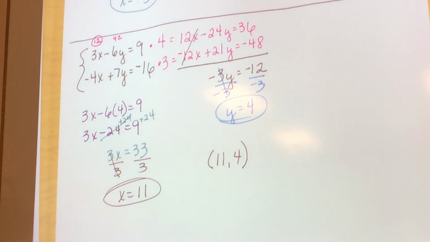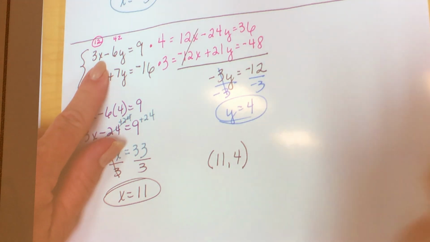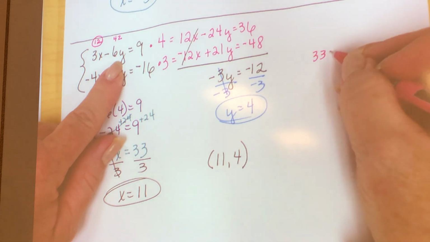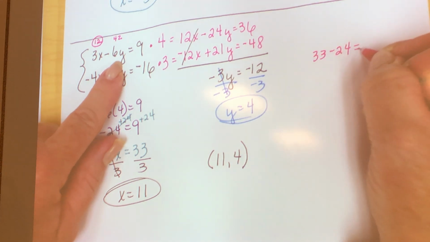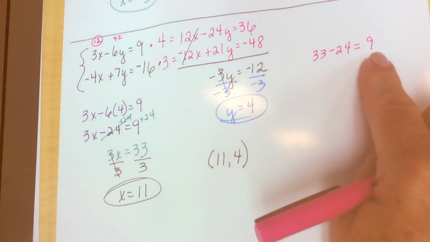Shall I get 11, 4? Yes? Anybody got a question? I'm going to check it. 3 times 11 is 33. Negative 6 times 4 is minus 24, and that's supposed to be 9. Yeah, 33 minus 24 is 9.